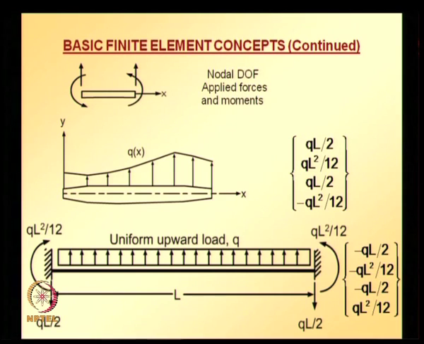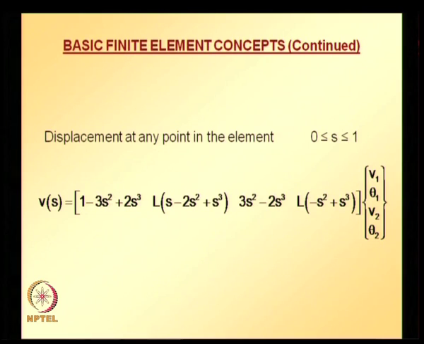How do we do that? For displacement, once we get V1 theta 1, V2 theta 2, we go back to the relation V is equal to N transpose D, where N is nothing but N1, N2, N3, N4.